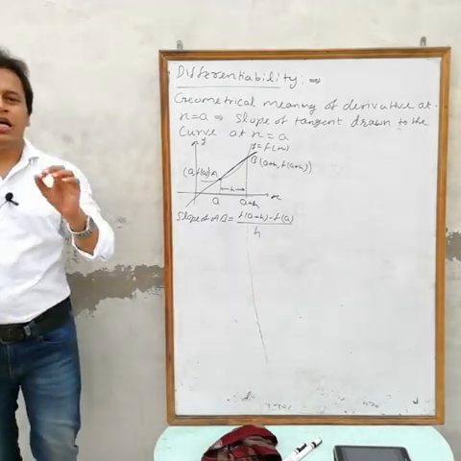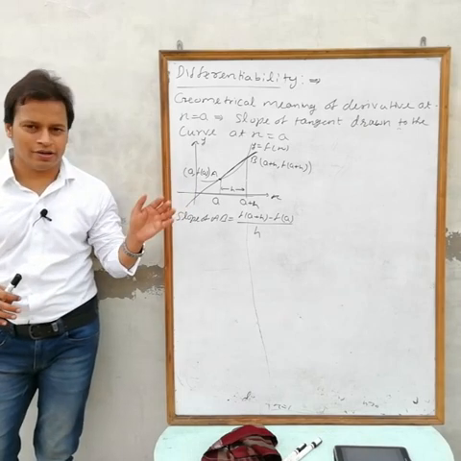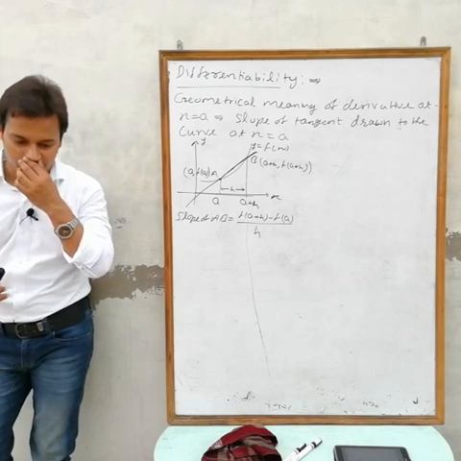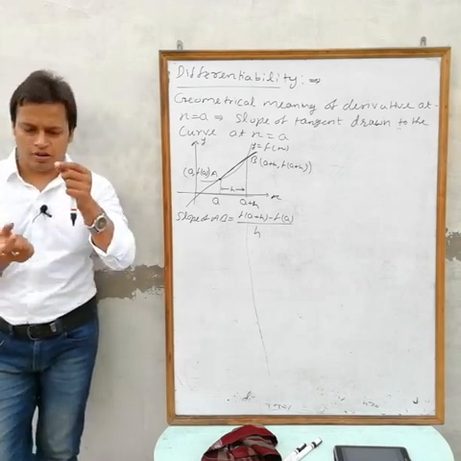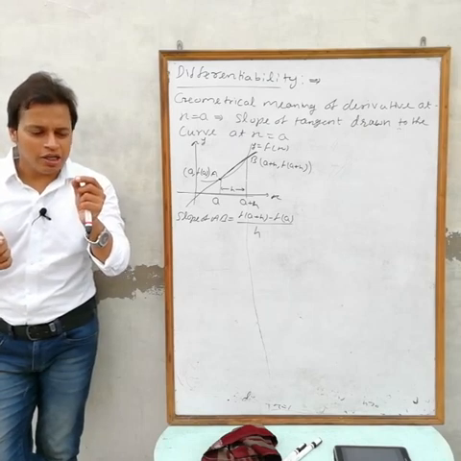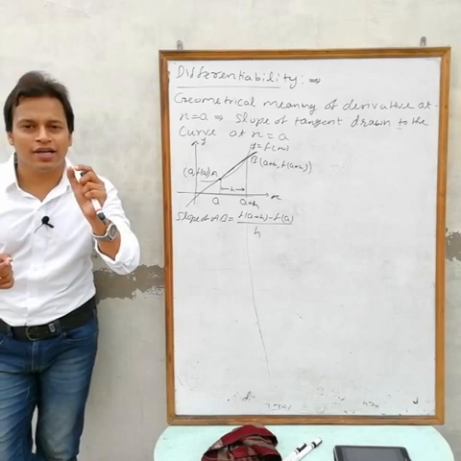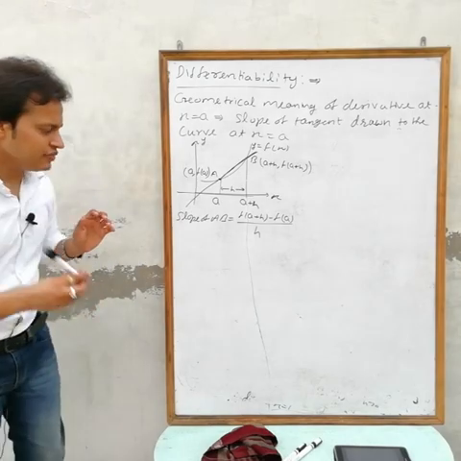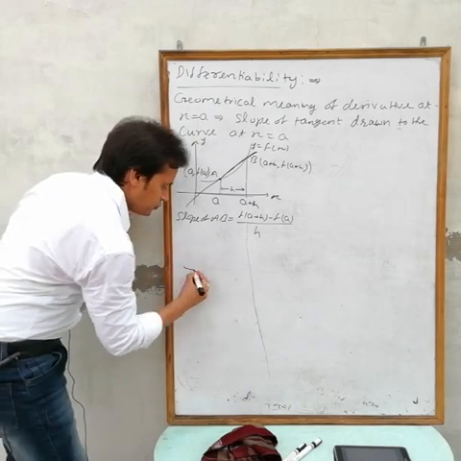Now we know that the limiting position of the secant is the tangent. Limiting position means if you join any two points on the curve, we get a secant, but if you join two adjacent points, then you get the tangent. See, this is the curve.